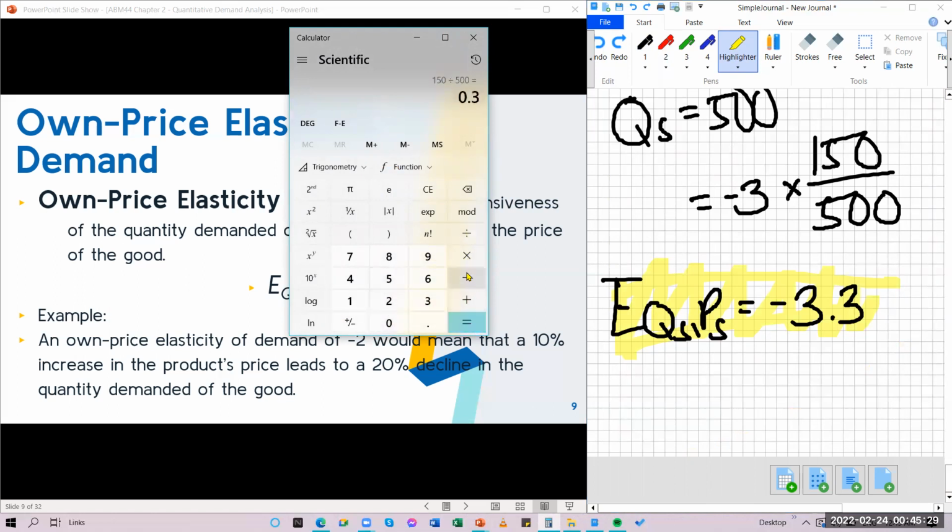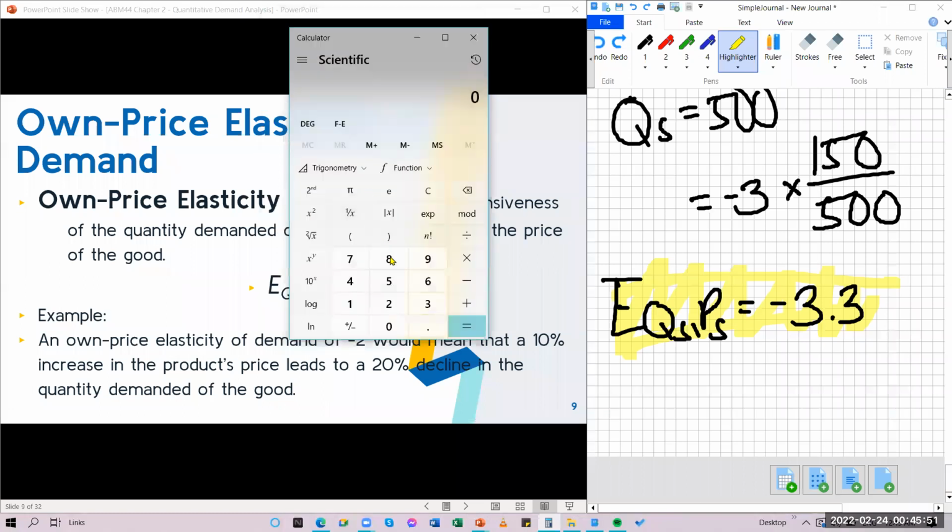So that is 0.3 multiplied by a negative 3. So I need to make it negative first.